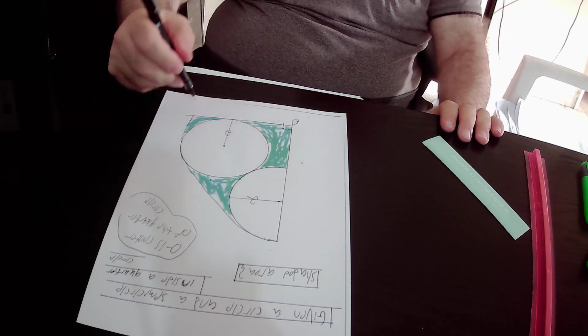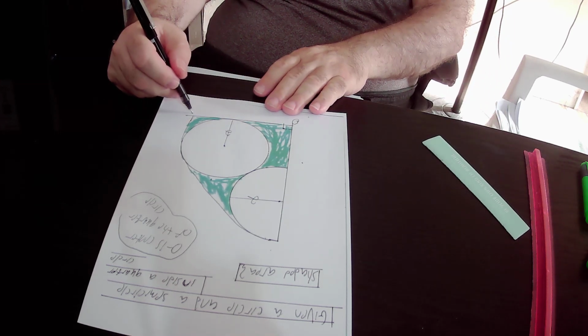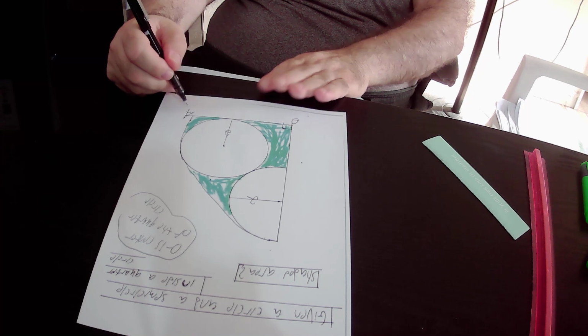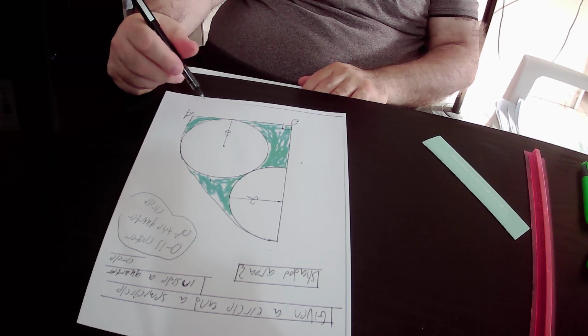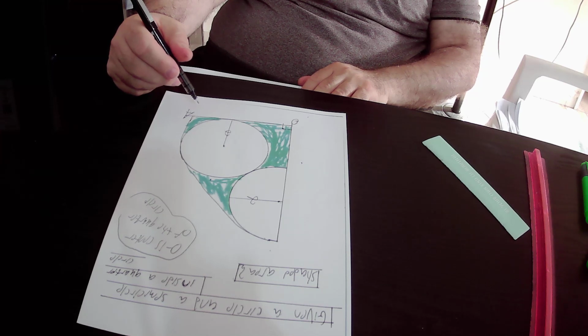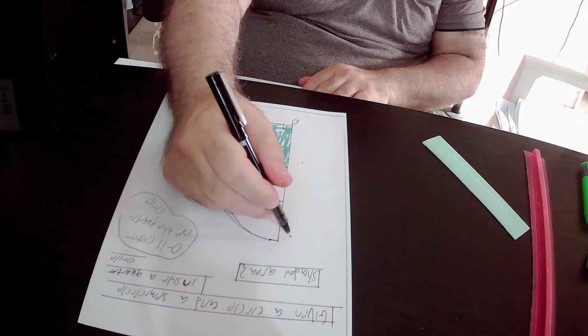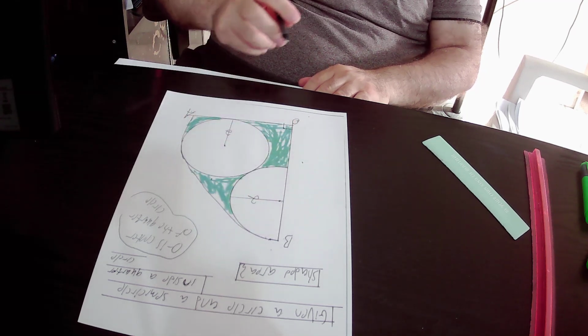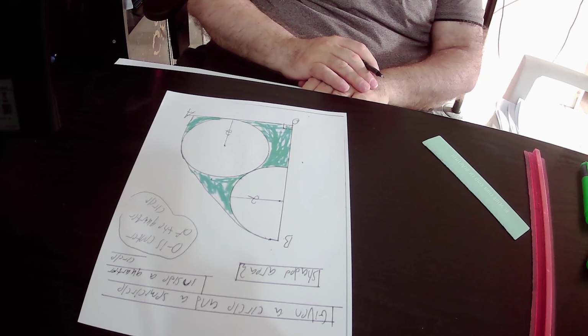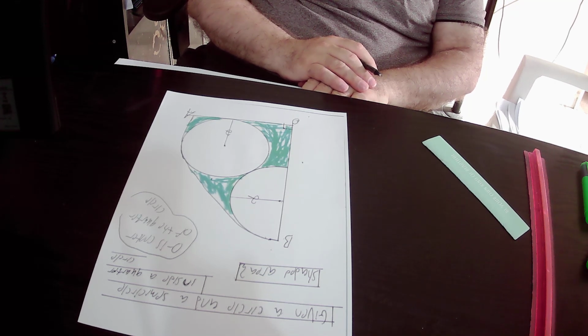We define this point as point A. Here, OA is the radius of the quarter circle. We define this point as point B, and BO is also a radius of this quarter circle. Those things are true in any quarter circle.